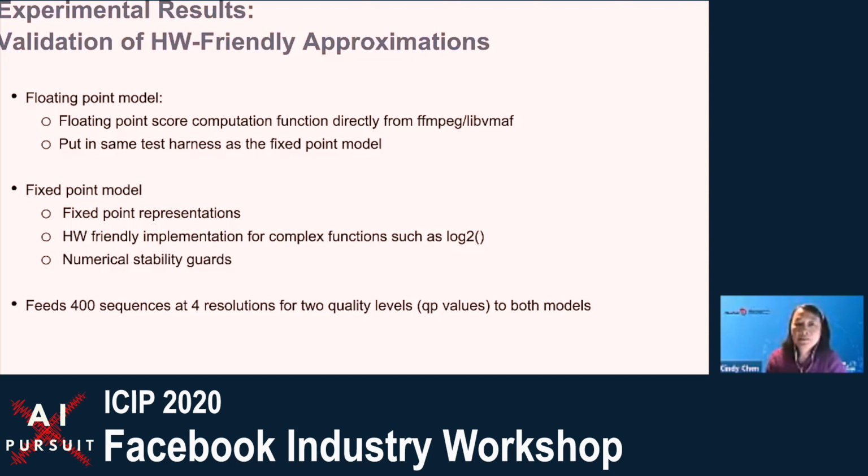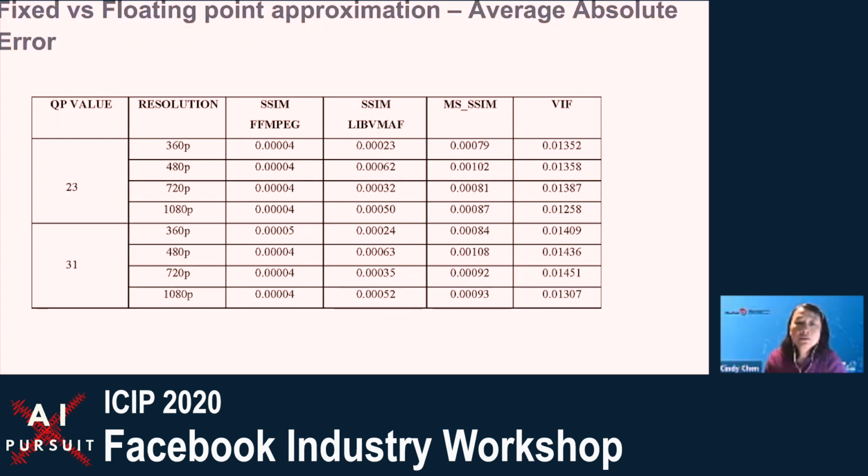Next slide, please. So the table summarizes the average absolute difference between the scores reported by the 2 models for 4 metrics. We group the errors by video resolution and the QP value used in transcoding. It can be seen that the average error for the fixed point implementation ranges from 0.000004 for FFmpeg-based SSIM to less than 0.015 for VIF.